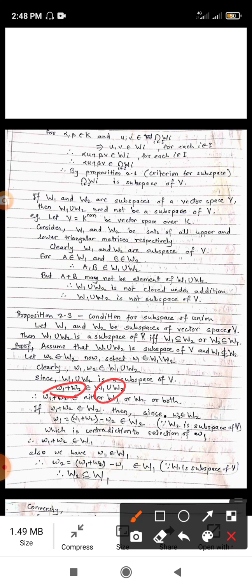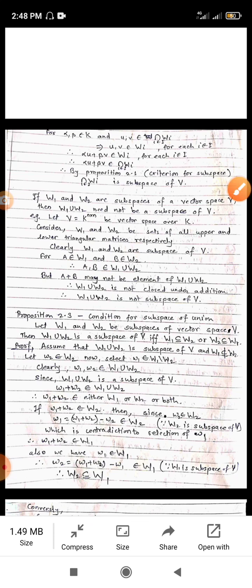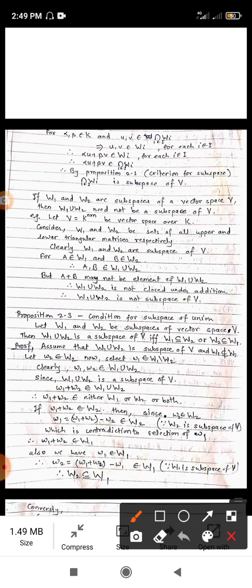Now what is the criterion for an element to belong to the union of two sets? That element belongs to either the first set, or the second set, or both. So we check the condition: W1 plus W2 belongs to either W1, W2 or both.